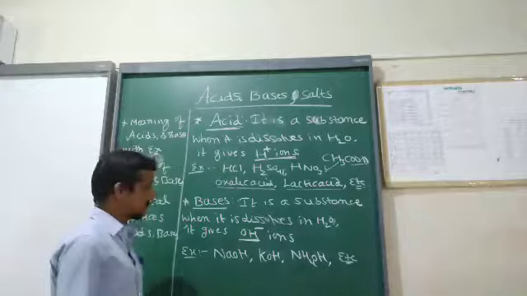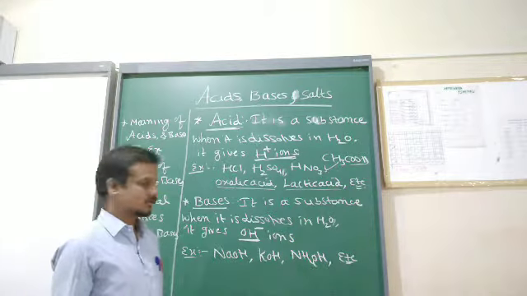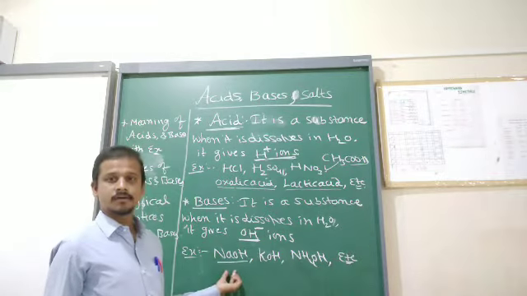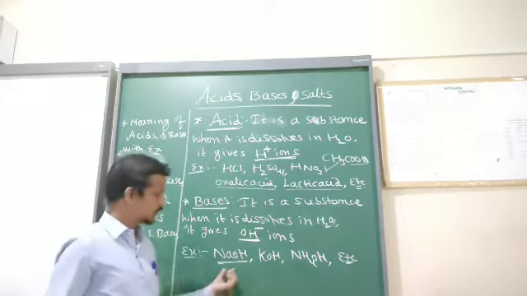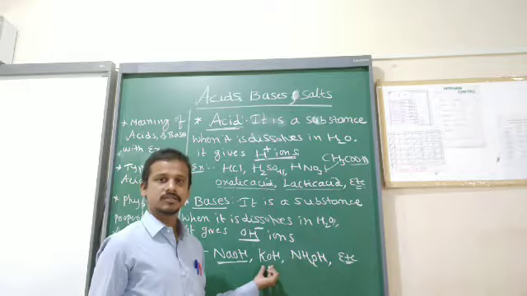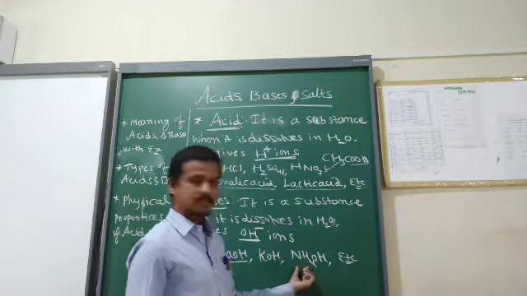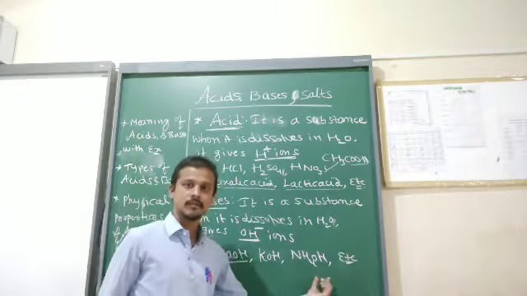What are the examples of strong bases? NaOH is sodium hydroxide. Na is sodium, OH is hydroxide. Similarly, the second one is potassium hydroxide. K is potassium, OH is hydroxide. Next, NH4OH. NH4 is ammonium, OH is hydroxide, ammonium hydroxide.